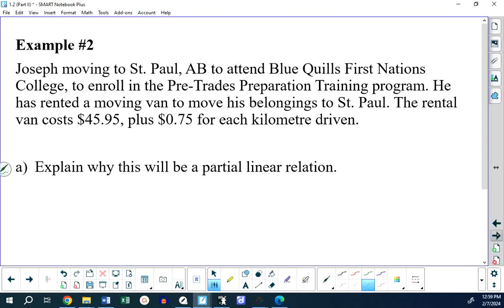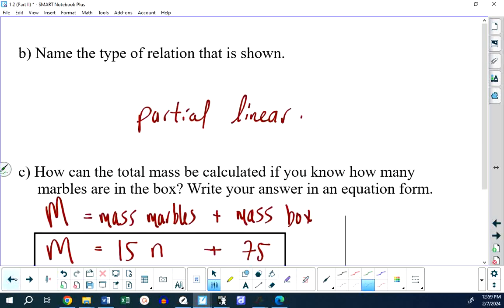Let's go back and look at our equation for marble mass. Okay? Look up here, please. There's our equation for marble mass. If n, little n, is 5 or 10 or 100, you're still adding the 75. That's fixed. That's the flat amount. If Joseph drives 20 kilometers or 400 kilometers, he's still paying the $45.95. That's the flat or fixed amount.